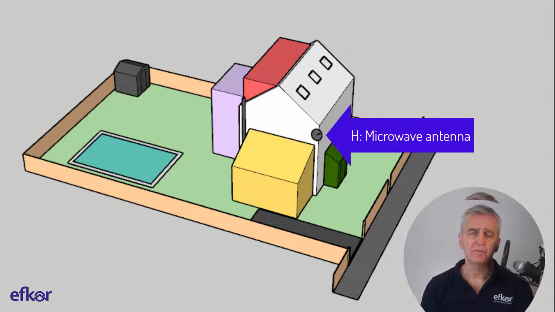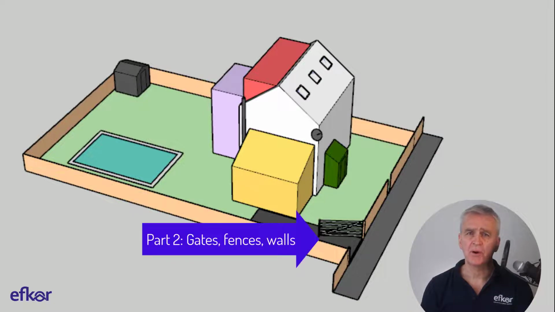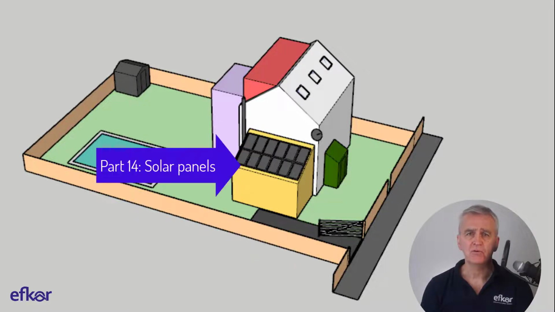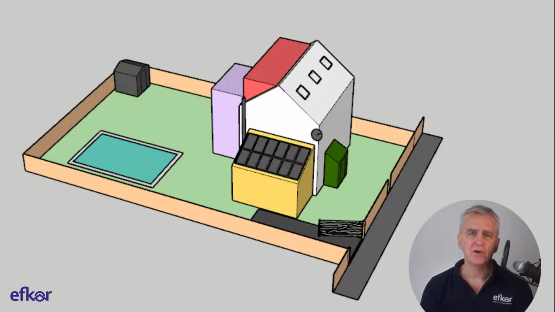The other parts of the PD order that are of interest are Part 2, which covers gates, fences, walls and other external items, and Part 14, covering solar panels. Why are these parts and classes so important? It's because in order to benefit from PD, your project must comply with all conditions under each class that are relevant to your project.